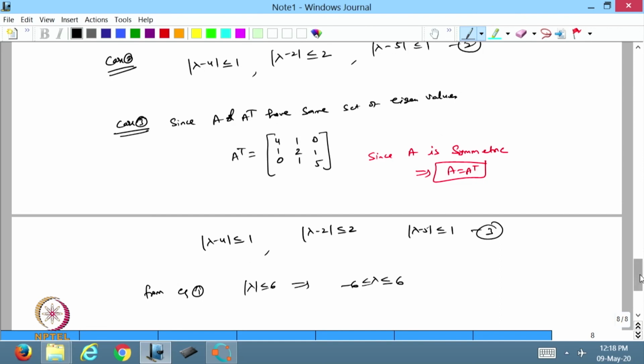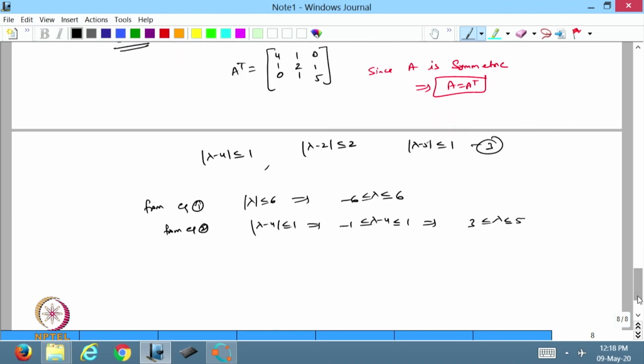From the second bound, from equation number 2, lambda minus 4 is less than or equal to 1, that implies that lambda minus 4 is lying from minus 1 to 1. Adding 4 here, 4 minus 1 is 3 and 4 plus 1 is 5. So, that is the corresponding range of lambda.